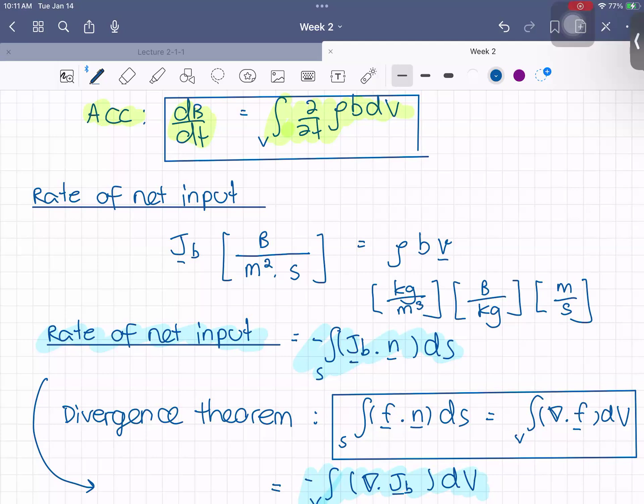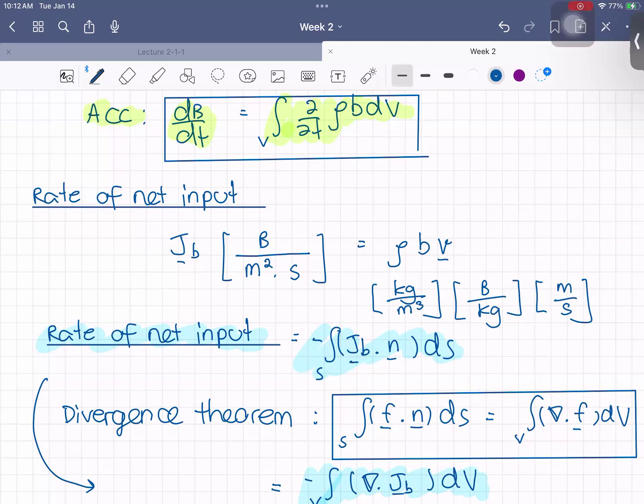Function. It can be any vector function. So here, in our case, it is the JB, which is the flux. All right, last term, which is the rate of generation.